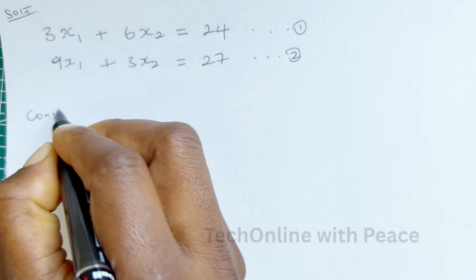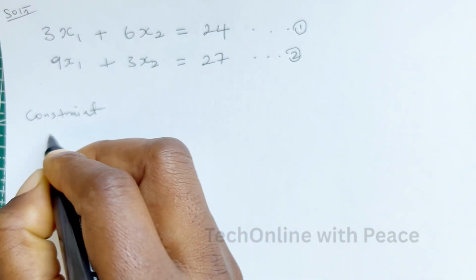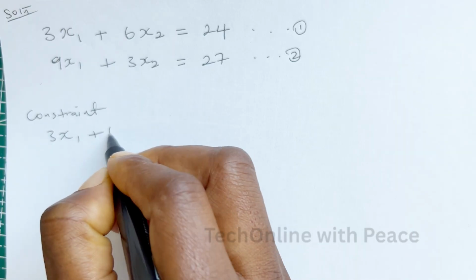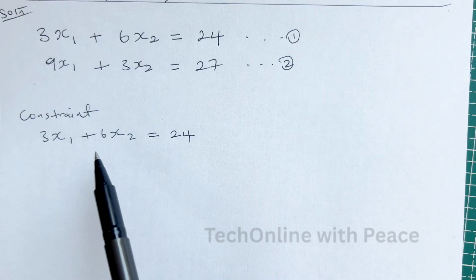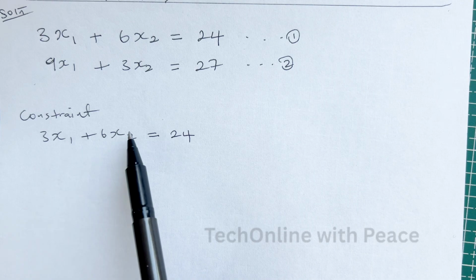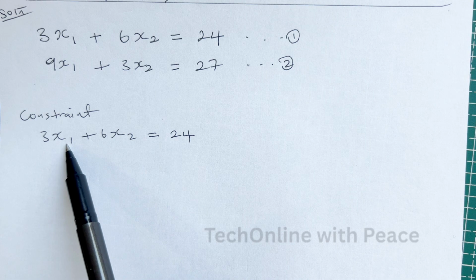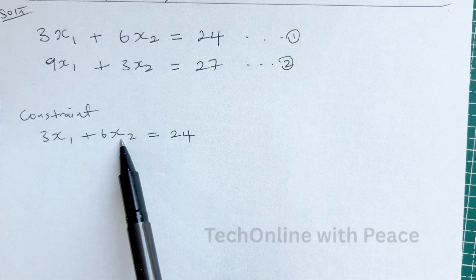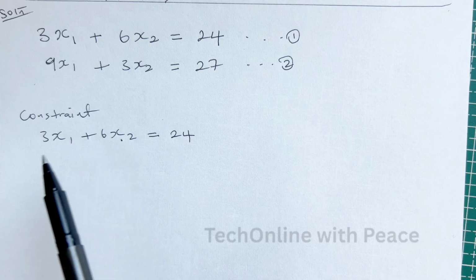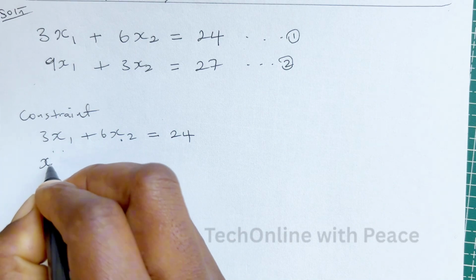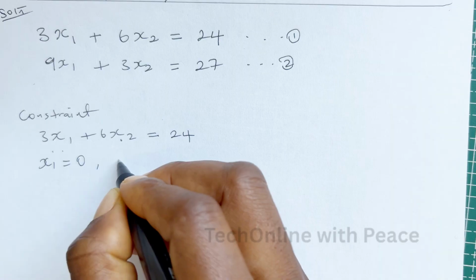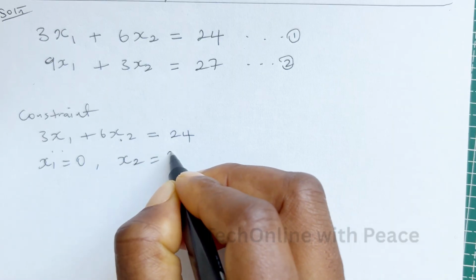For constraint 1, we have 3x1 plus 6x2 equal to 24. Here we need to find the value for x1 when x2 is 0, the same thing to find the value for x2 when x1 is 0. So here, when x1 is 0, what will be the value for our x2?